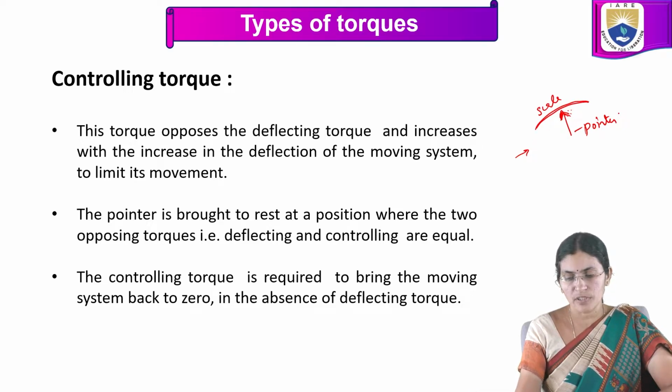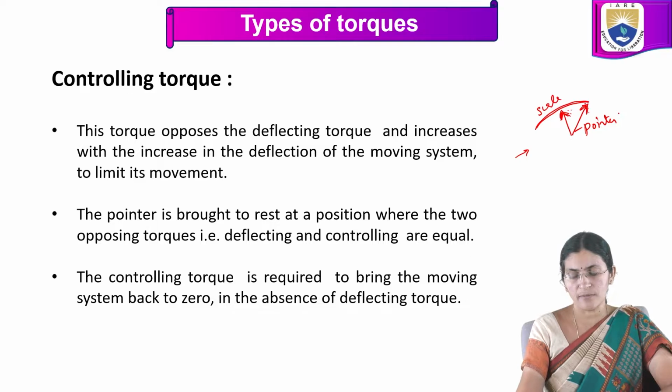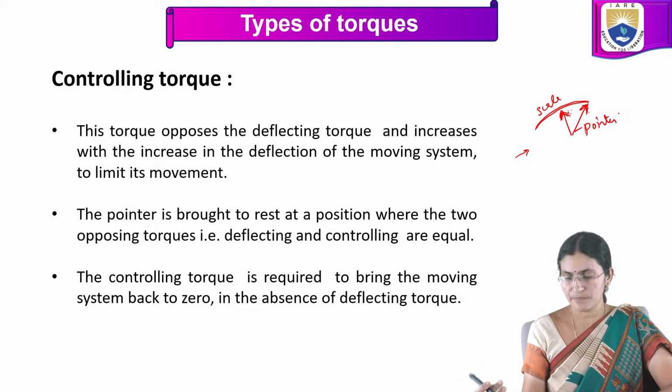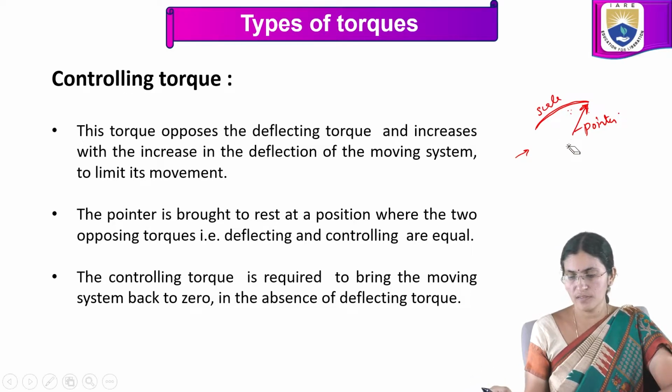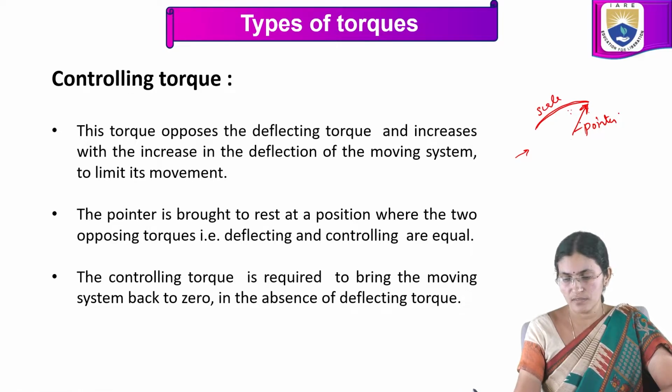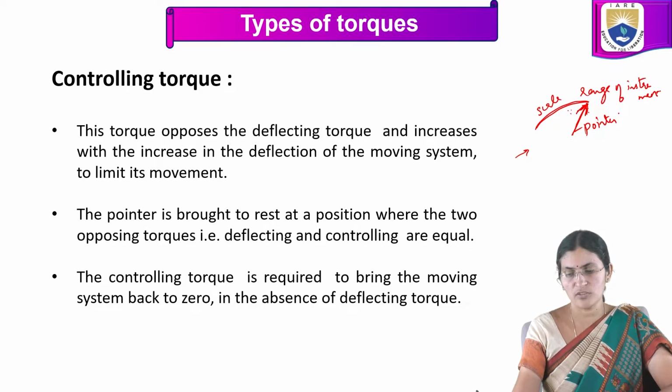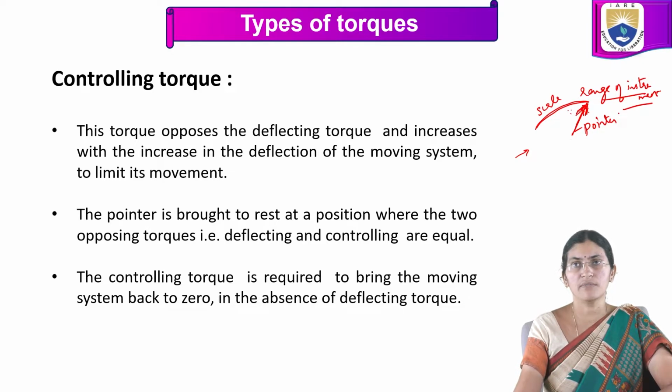But in the absence of controlling torque, the pointer will move to the end of the scale. Whatever the range of the instrument is, till that end it will deflect.